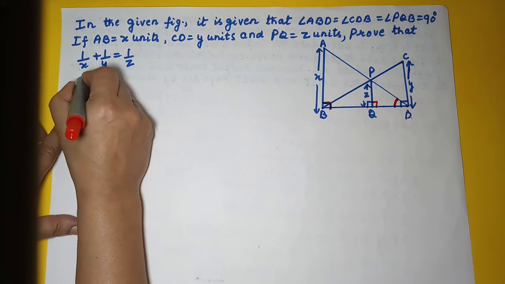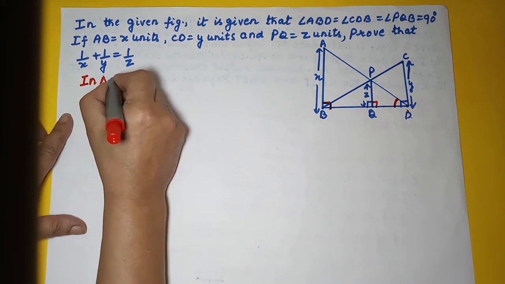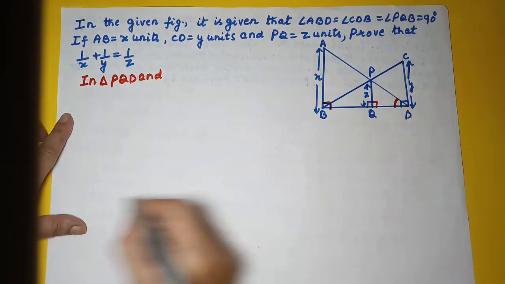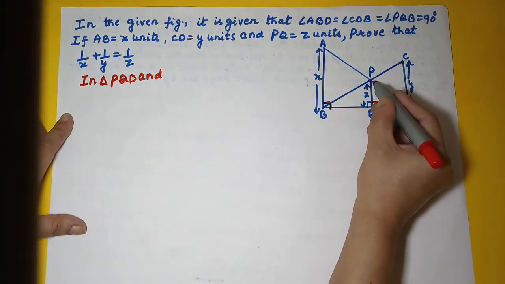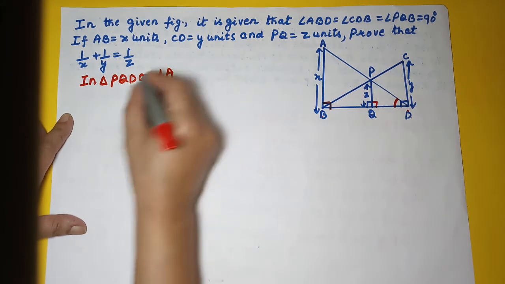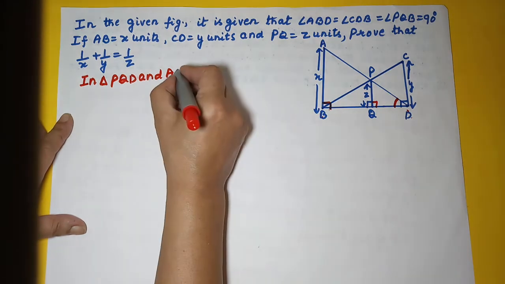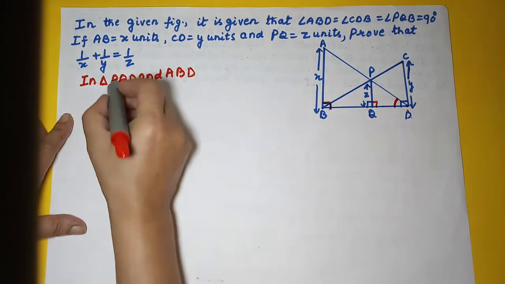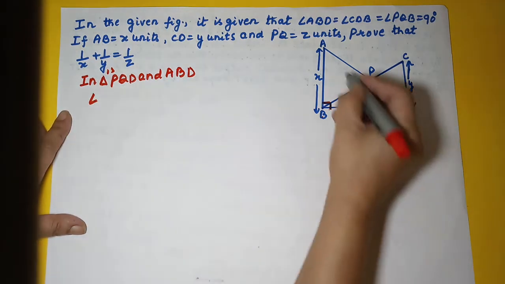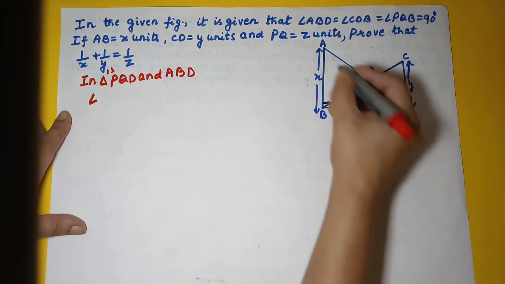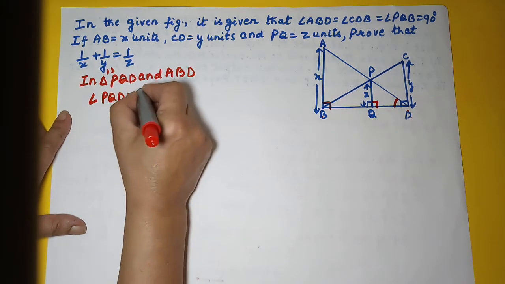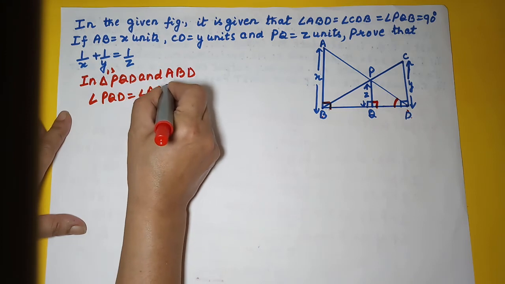So we will write, in triangle PQD and ABD, angle PQD, that is this angle, is equal to angle ABD.